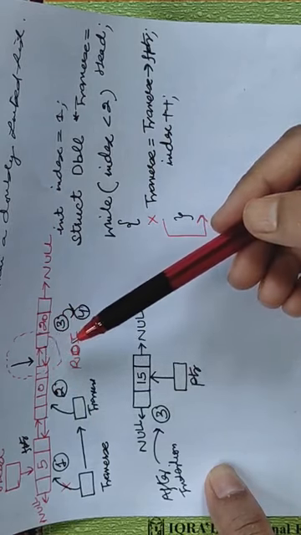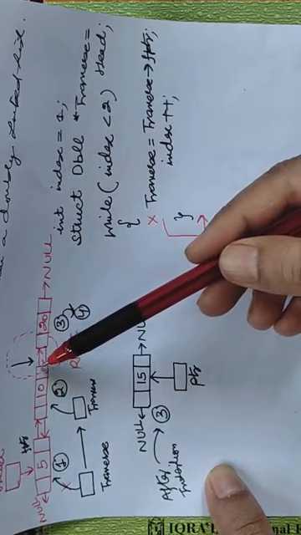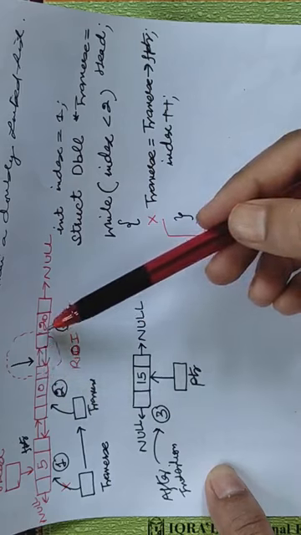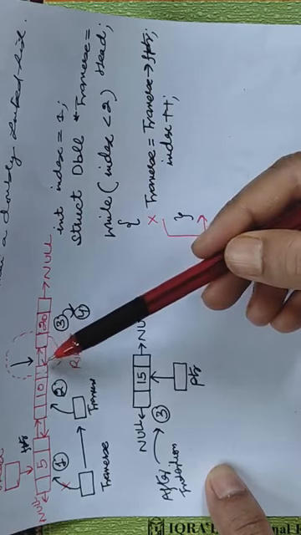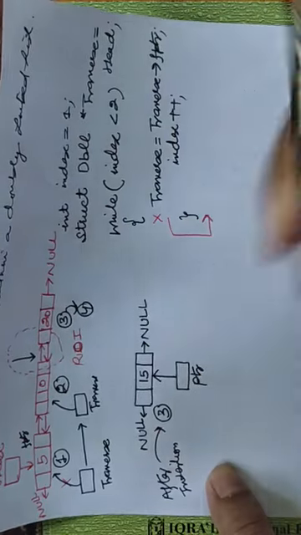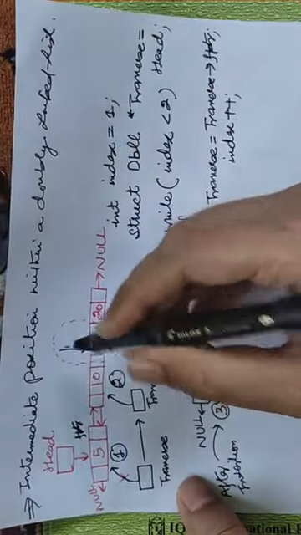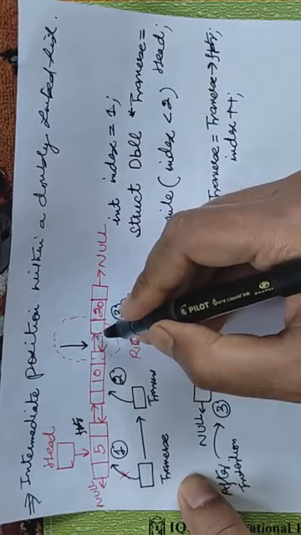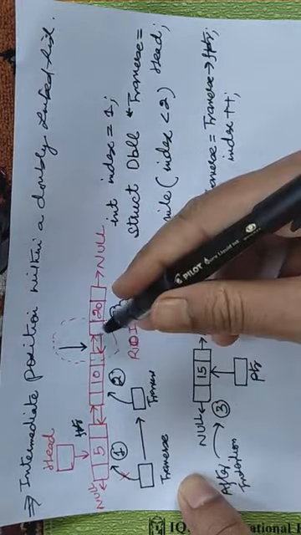But what's the problem? We have to break this link. It should not point to node number 3, but we have to make it point to the new node. At the moment this is pointing to node number 3. But what's our job? How can we insert this node here?